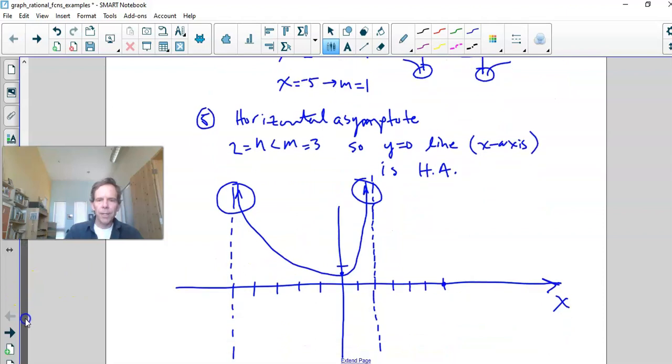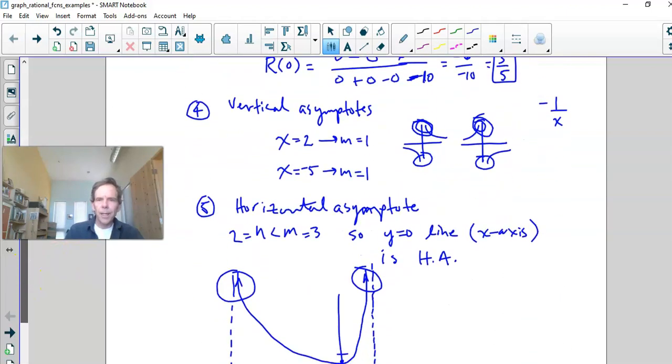Now, what else is happening? Let's go to this right branch. So we know we have to go through the x-axis right here at 6. And what's got to happen near the vertical asymptote? Let's go back to those little thumbnails.